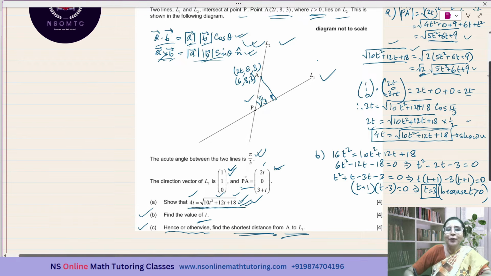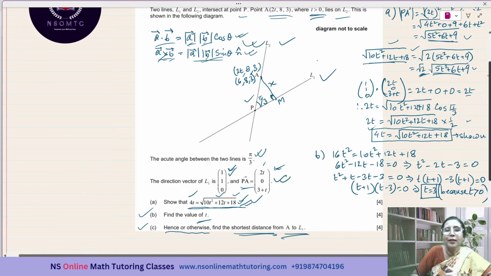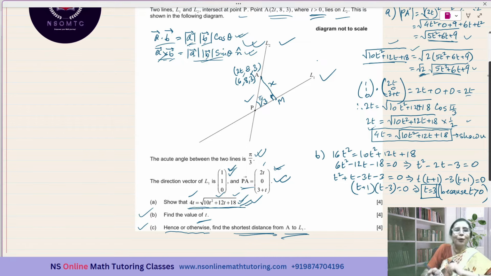Let this point, the foot of the perpendicular, be named as N. And we have to get the magnitude of this line AN. There are several methods, and there is the general method of finding the magnitude. But because we are given this angle, pi over 3, and because we are given this PA vector, I am using a shorter method. It is containing 4 marks.